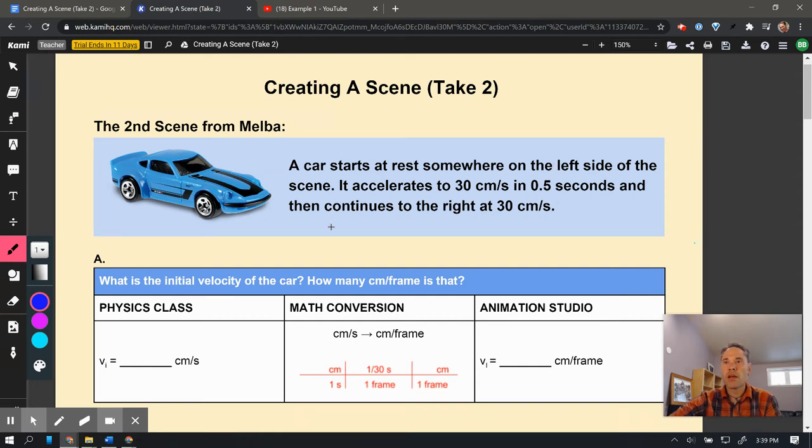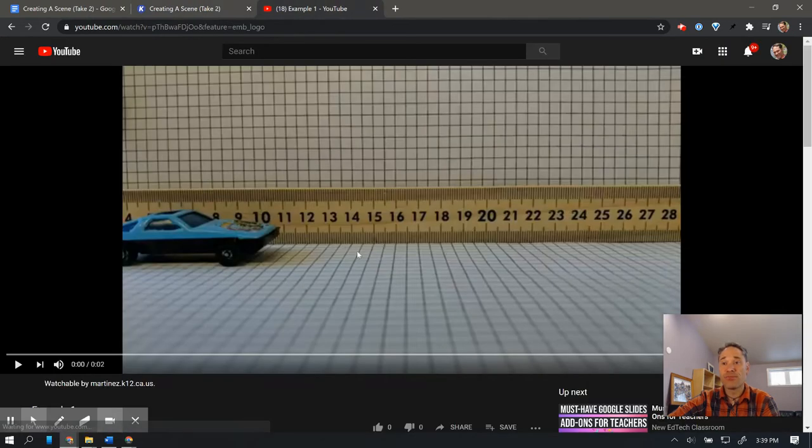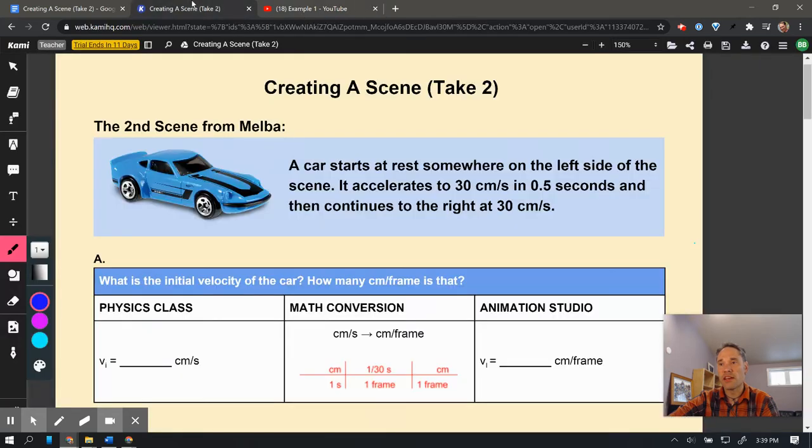I went ahead and made this scene into an actual scene. So let me show you what that looks like now. Here is my car at rest on the left-hand side of the screen. When I hit play, this car is going to accelerate, as it says right here, to 30 centimeters per second in half a second.